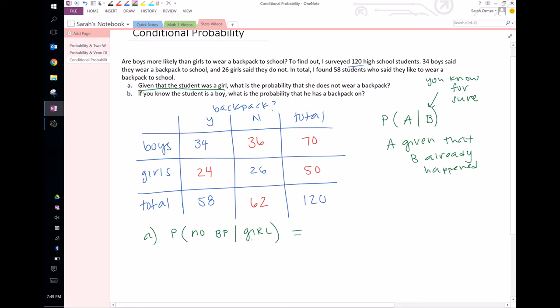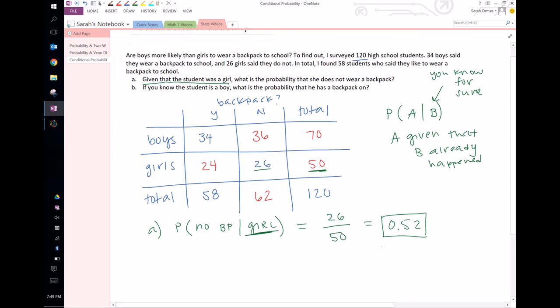So I know that this person has to be a girl, which means I'm looking at these 50 people. She's one of those. If it's a girl, it has to be one of those 50. So this has to be out of 50. Now the question is, of those 50 people, who had no backpack? That's those 26. So tiny bit over half. We have 0.52.